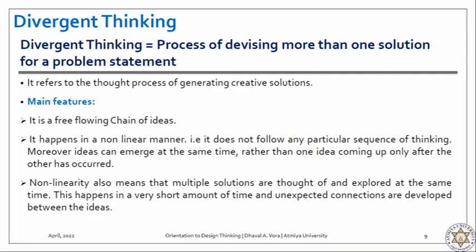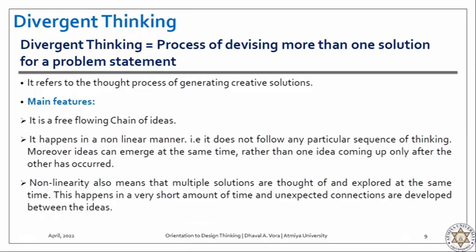And it does not matter whether the solution is feasible, viable, or even practical or not. It is just a flow of ideas. Non-linearity also means that multiple solutions are thought of and explored at the same time. This happens in a very short amount of time, and unexpected connections are developed between the ideas.